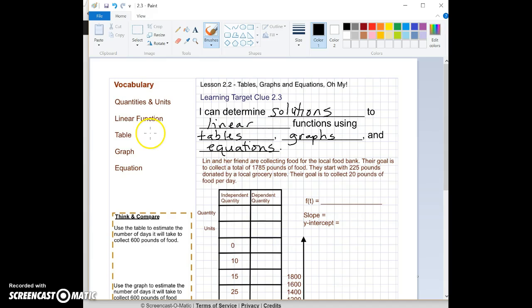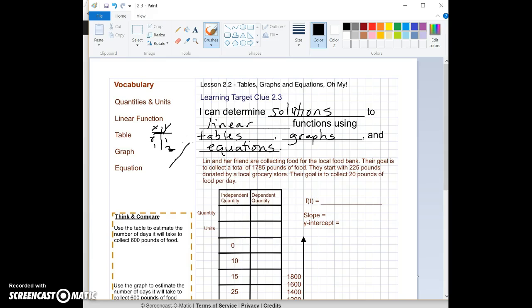A table looks like this, usually an x and a y, an independent and a dependent variable, and then you fill in when x is 0, y is 1, when x is 1, y is 2, whatever it is that we're filling in. Whatever our function is determines what our y is. A graph is graphed on a coordinate plane, usually the graph of a linear function. If you're going to graph a linear function, it's a line.